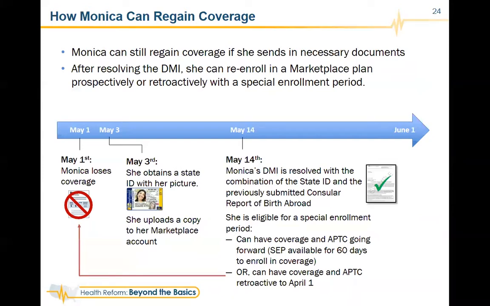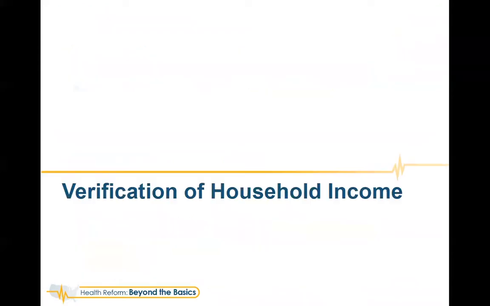She uploads a copy to the marketplace. The marketplace then processes that information and says that Monica's DMI is resolved, and she's able to select another plan. She then has the option of using this SEP to enroll in coverage either retroactively or moving forward. I'm going to turn it over to Tara because I think I went a little long.